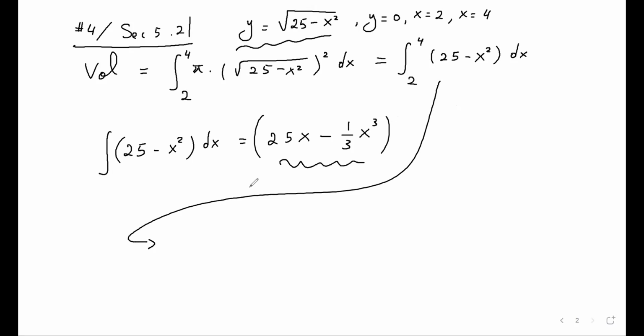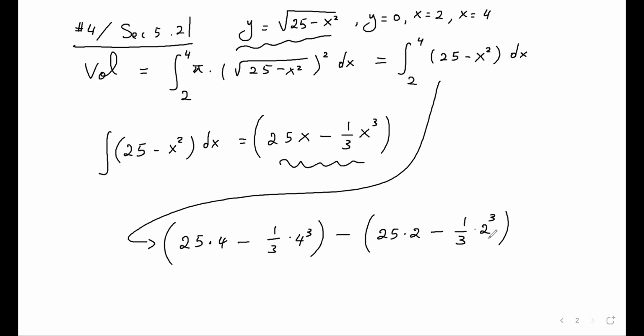So what I have to do is take this function and substitute in 4 first. So 25 times 4 minus 1/3 times 4 cubed. And then substitute in 2. So 25 times 2 minus 1/3 times 2 cubed. So this is going to be, folks, all right, 100 minus 50.